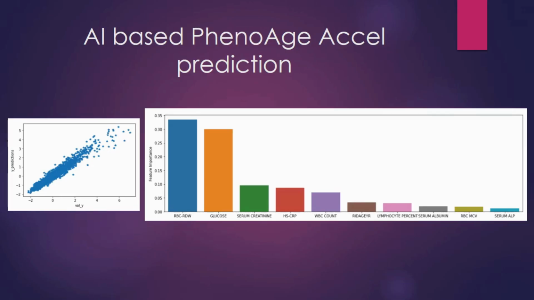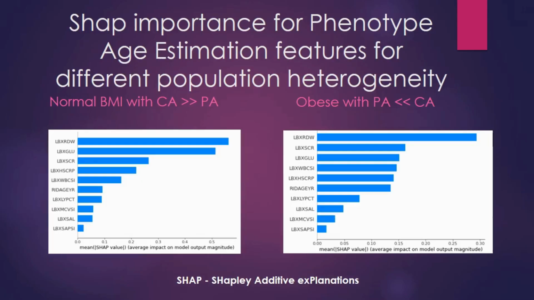AI-based PhenoAge Accel prediction uses an AI model to rank the most important features driving age acceleration, identifying factors like RBC distribution width, fasting glucose, and serum creatinine as highly influential. SHAP importance for phenotypic age estimation features for different population heterogeneity.